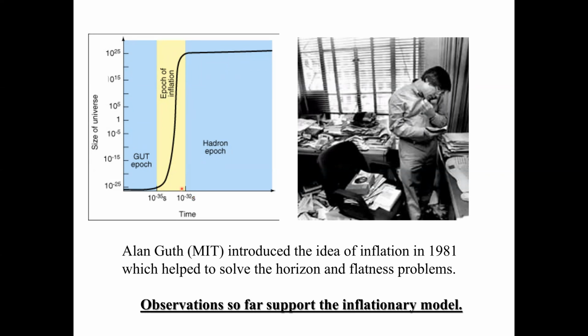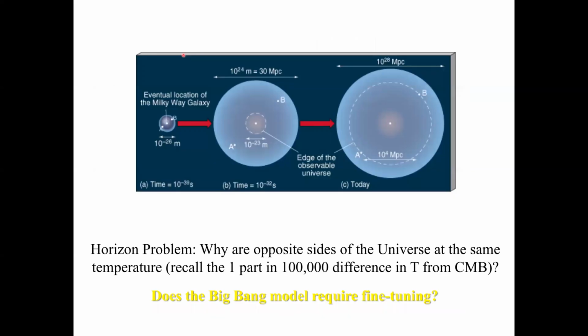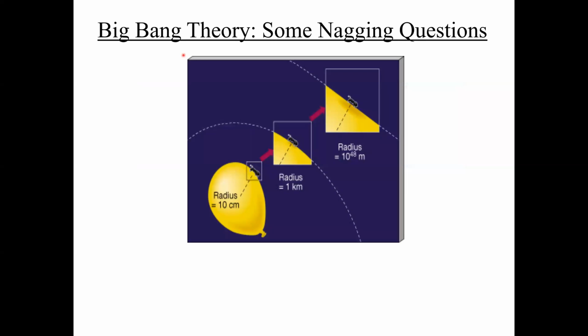Within a very short period, he assumed the universe expanded from this value right here to this value right here, which is an exponential growth of expansion. This is basically to explain these two problems, the horizon problem and the flatness problem.